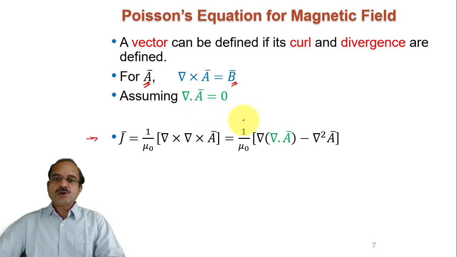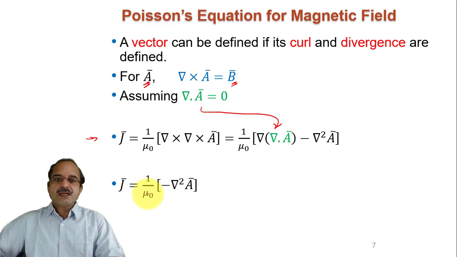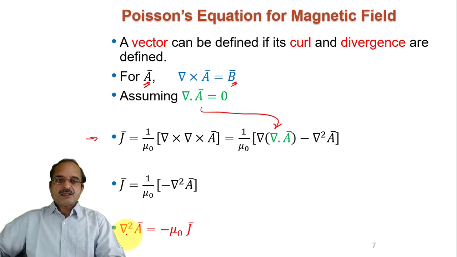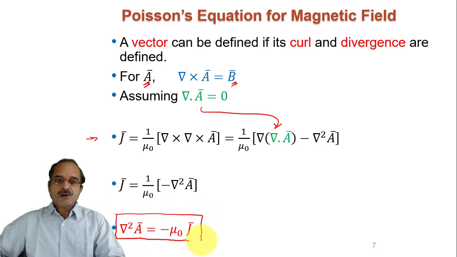So if I substitute this del dot A equal to 0, then the equation for current density we can simplify as J equal to 1 upon mu 0 times minus del square A. So rearranging this equation, this gives us del square A equal to minus mu 0 J. So this is nothing but the Poisson's equation for magnetic field, in the same way as what we have defined as Poisson's equation in case of electrostatics.